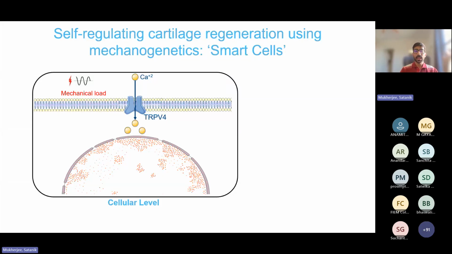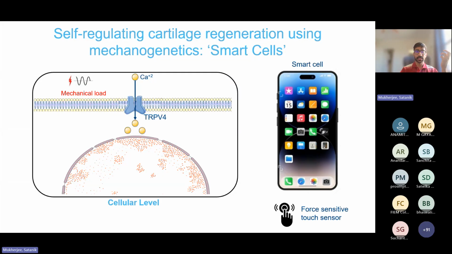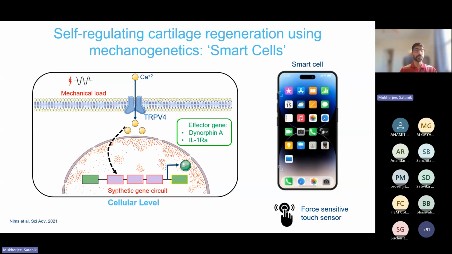You can imagine a smart cell like your smartphone with a force-sensitive touch sensor. These smart cells are like your smartphone that can sense forces, and then they can respond to these forces with a particular drug. In our case, we are trying out different drugs, for example, dynorphin and some blockers of inflammation.